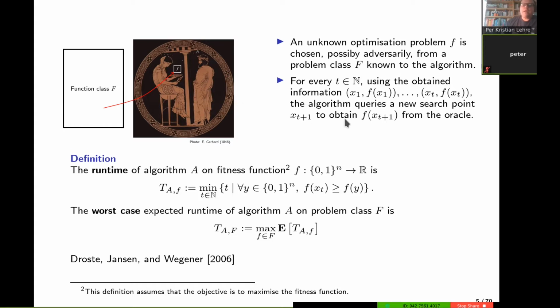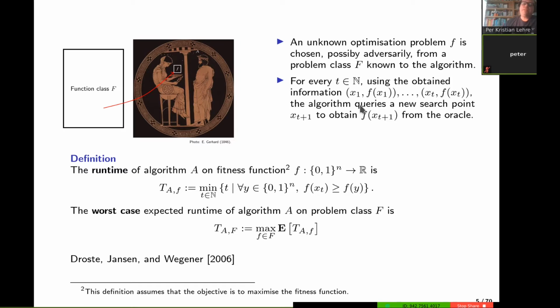So for any step t, it queries for the fitness of some selected search point x1, and then we can assume theoretically that there is some kind of oracle that tells us what the fitness value of that particular search point is. And then based on that, the algorithm knows a little bit more about the fitness function, and it can ask for a new search point. Okay, x2, what is the fitness value of x2, and so on.